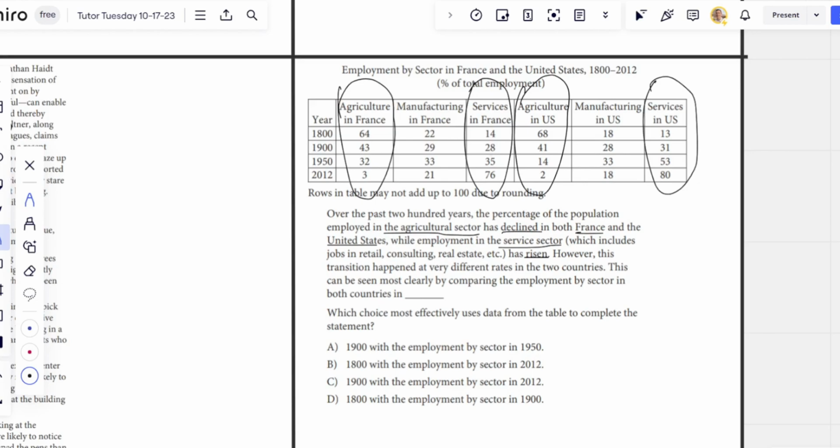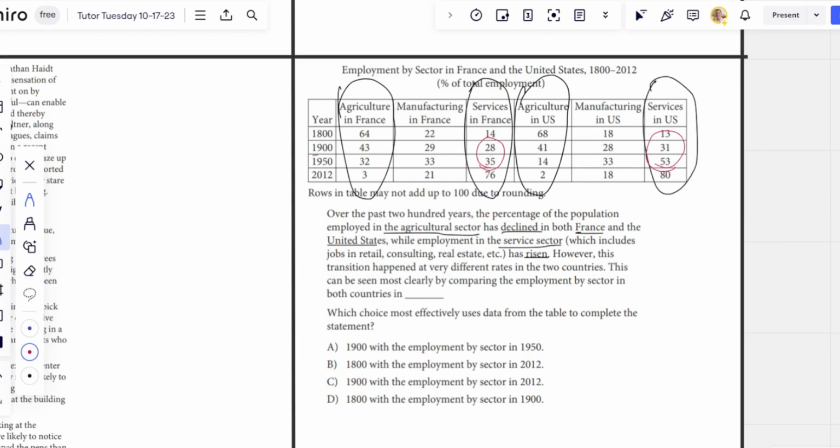What it looks like to me is there's this difference in the numbers between 1900 and 1950 comparing the services. You see this number right here, 28 to 35, and then 31 to 53. It's a very different rate.